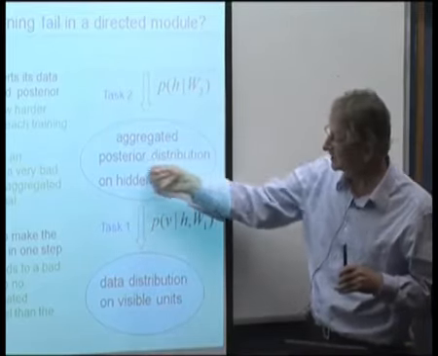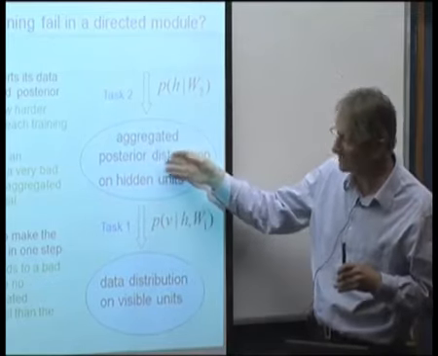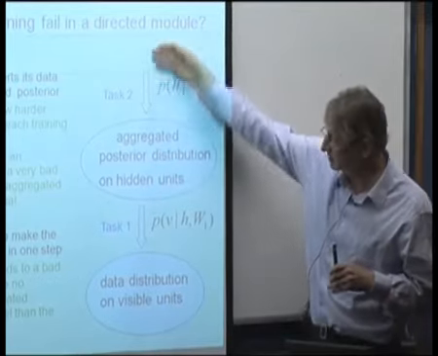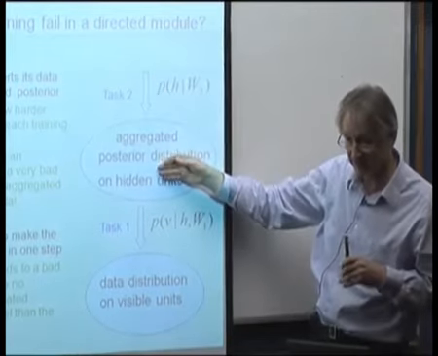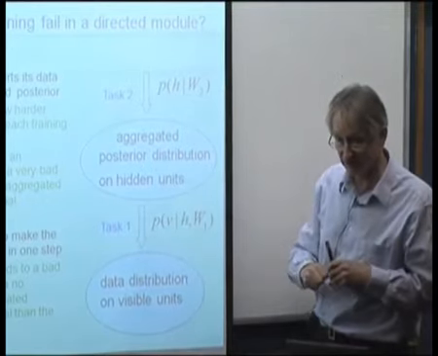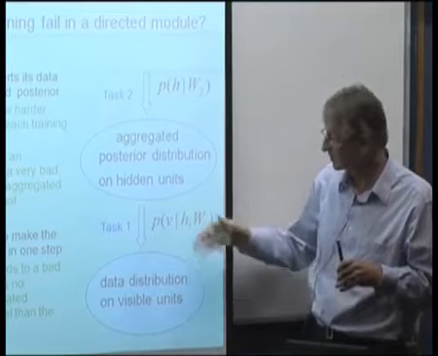But since these are kind of independent, the learning will put a lot of effort into trying to make it appropriate for these to be independent. And that's silly because later on we're going to put more stuff in here and these won't be independent anyway. So it'll put lots of effort into trying to achieve something that doesn't need to be achieved anyway, and it doesn't work very well. Lots of people have tried this. You can do it, but it just doesn't work very well.